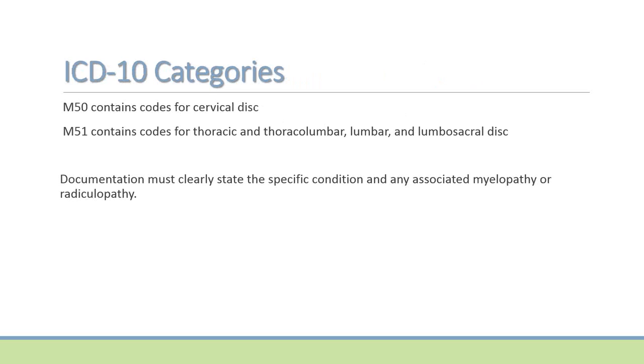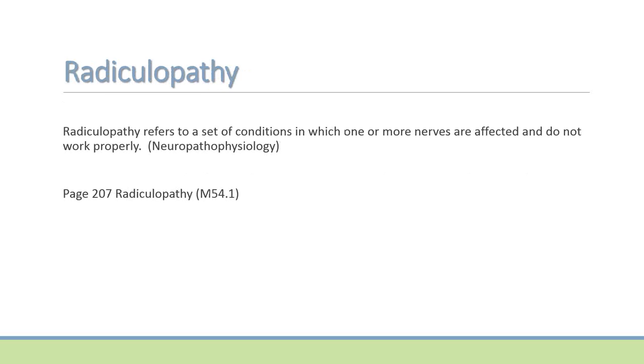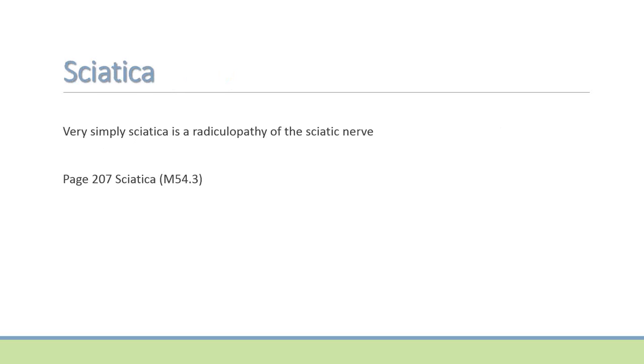You have to clearly document the condition. Is there myelopathy, radiculopathy? Is there just sciatica? Is there no low back pain? Is it disc displacement? Is it a disc protrusion or herniation? This chapter in ICD-10 for disc disorders is huge.